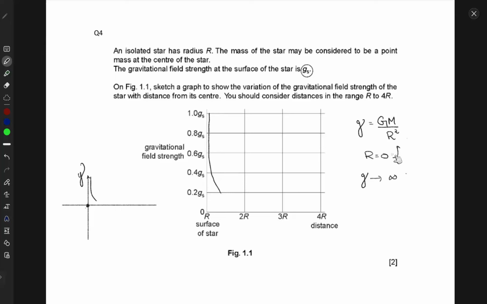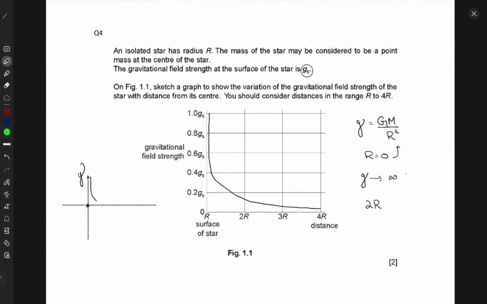Now maybe use a value, maybe 2r, then you can put it in. Okay, are you given the mass of this star? You're not given the mass, so you can draw a rough sketch. You'll just sketch the graph, which looks something like this. It's not a very nice picture, but do you agree with this?